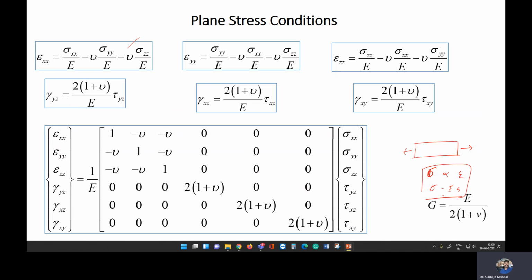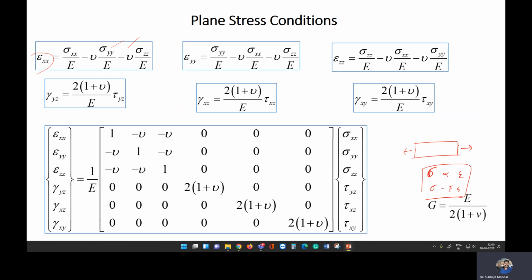Now, if you consider the Poisson's effect, our strain conditions also depend on the other two directions.